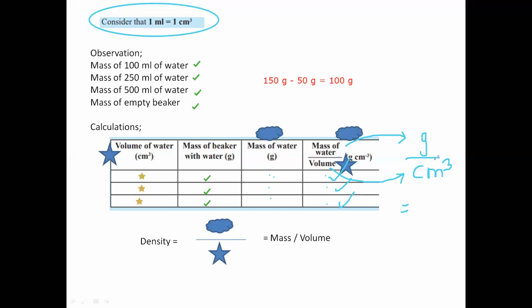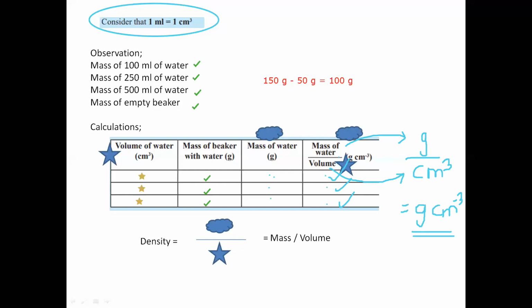So when cubic centimeters comes up, you put a minus mark there to the power of 3. That's a mathematics part. Grams per cubic centimeter will be the unit for this ratio.